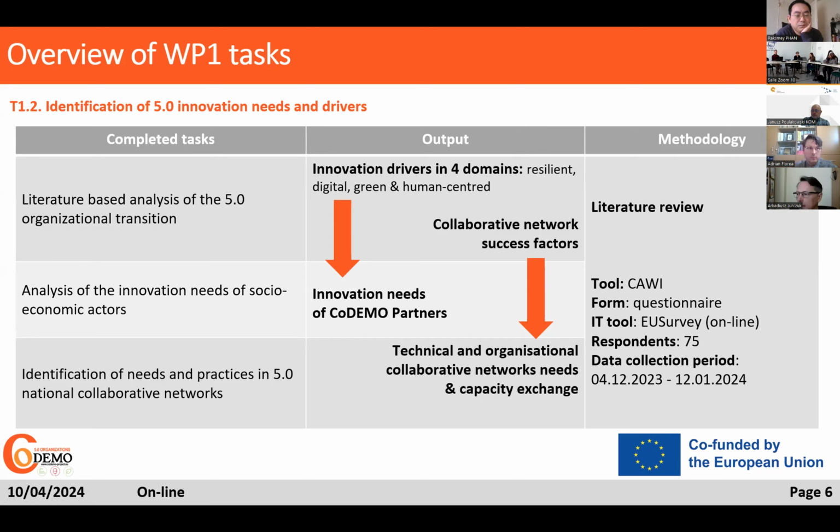And based on those outputs, we defined the innovation needs of CoDEMO partners, as well as their technical and organizational collaborative network requirements. And as you can see, in addition, we have identified potential areas for collaboration and resource sharing among the partners in each national collaborative network and among all partners of our project.